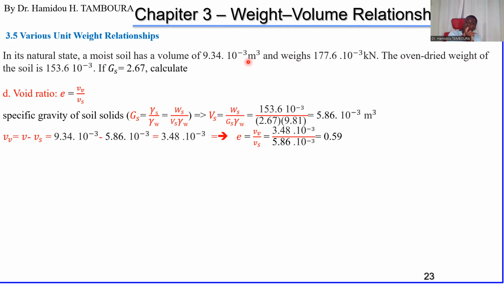Okay, so if we do the total volume, meaning soil particle, water, air, the total V minus volume of soil particle, we will get the volume of void, meaning volume of water and volume of air. So this volume of void we need.